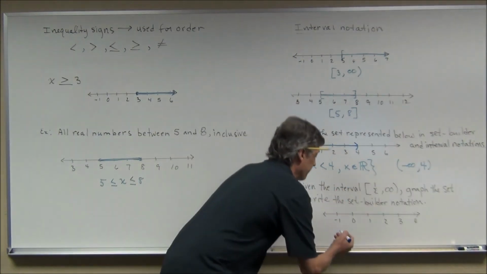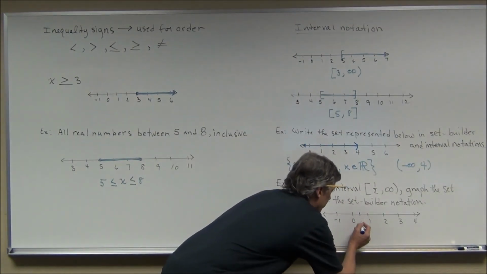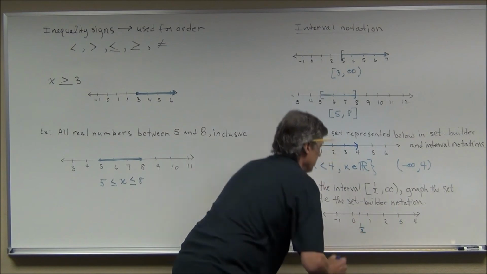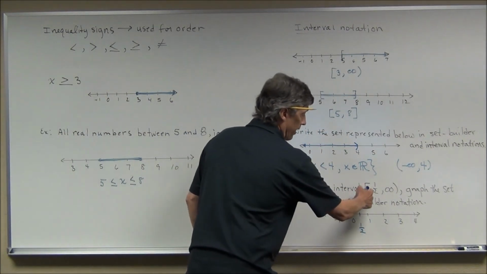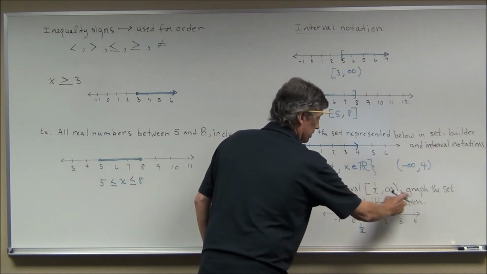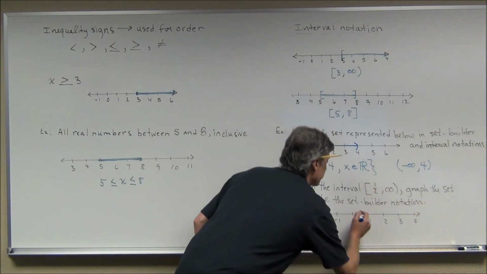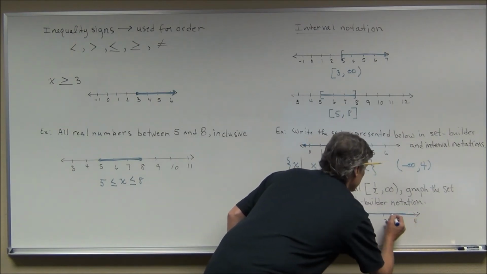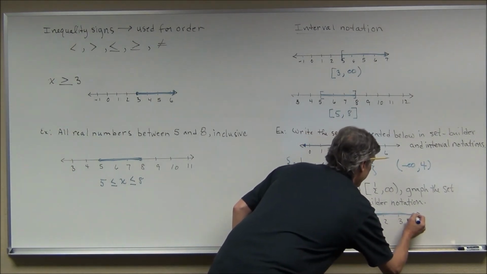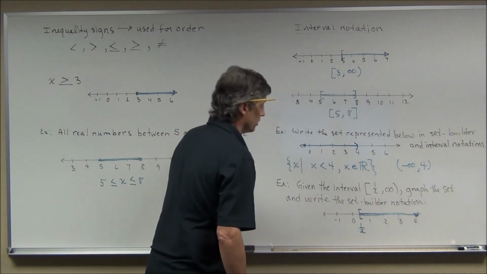We don't even have 1/2 here, so I'll mark 1/2 right here, which of course is between 0 and 1, and I'm going to have a bracket and then everything to the right because its value is going to infinity, bigger. And an arrow on there to indicate that it goes on forever and ever.